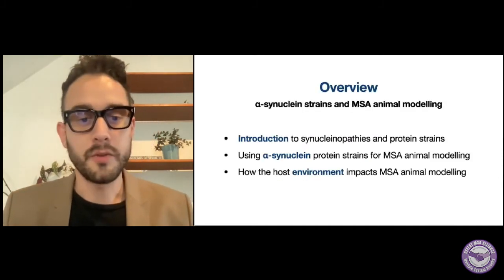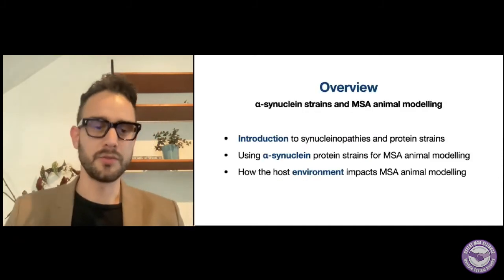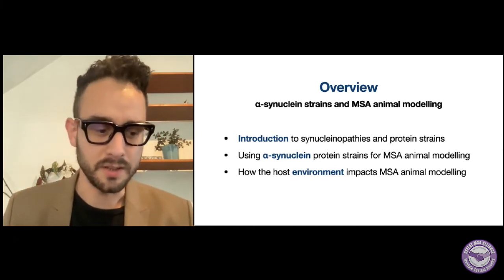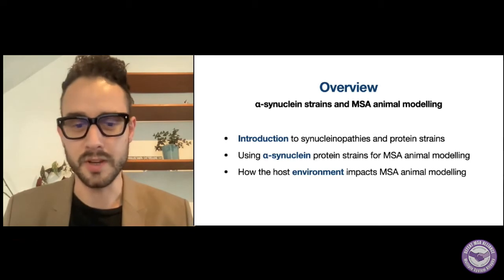First, I'll just quickly introduce the synucleinopathies and the concept and the idea behind alpha-synuclein protein strains.